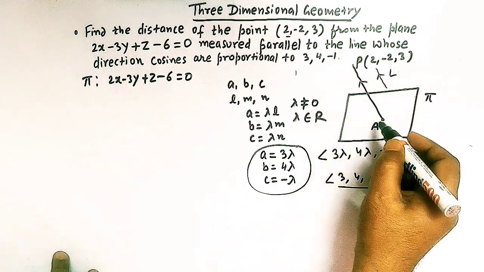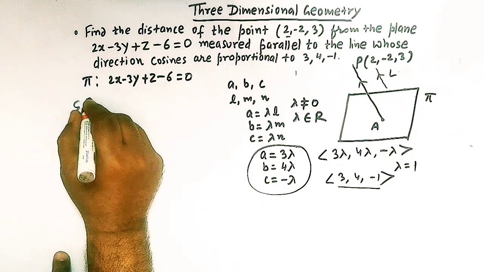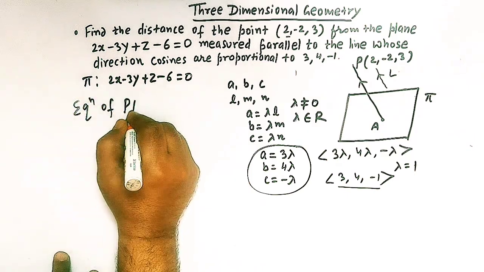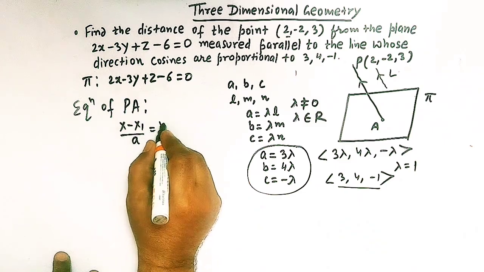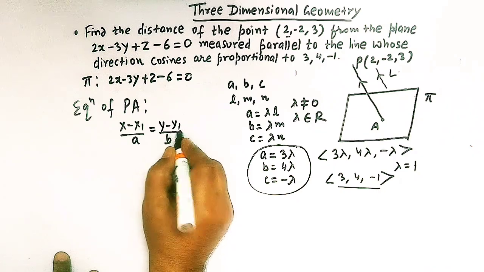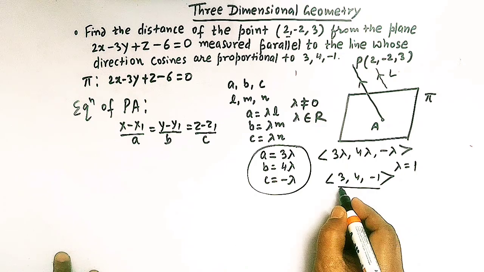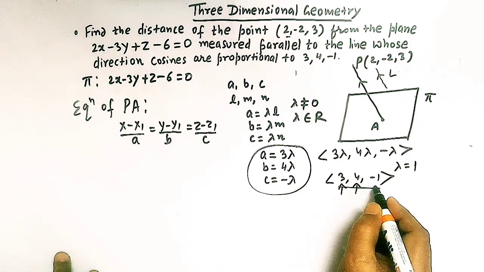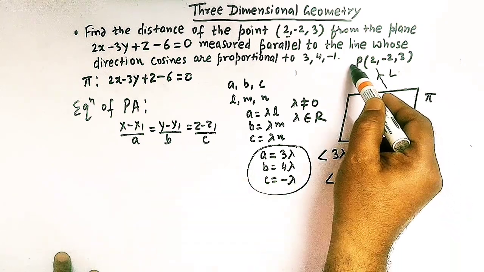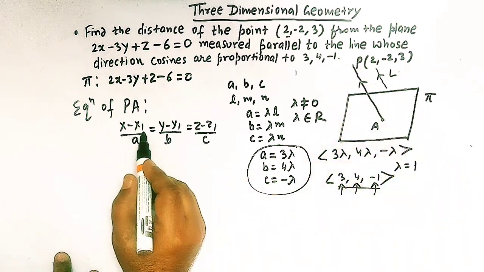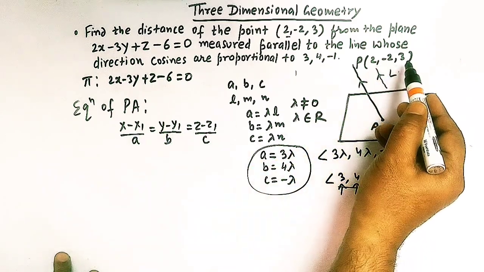So now we can easily write the equation of PA in symmetric form. So the equation of PA is (x minus x1) over a, (y minus y1) over b, and (z minus z1) over c. So a, b, c may be taken as 3, 4, and minus 1. So a, b, c denotes the direction ratios of PA, and x1, y1, z1 is our point 2, minus 2, and 3.